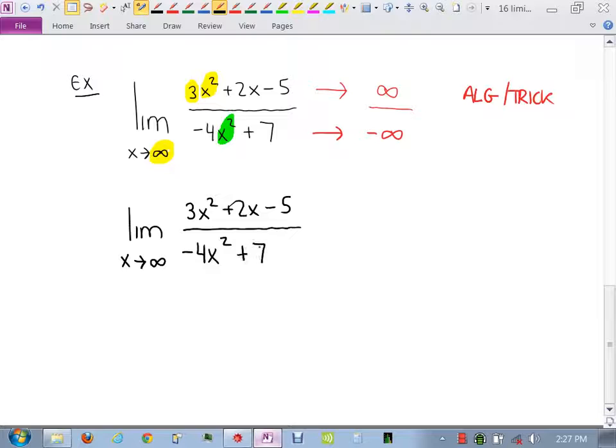When you get infinity over infinity like we did here, what you want to try and do is divide out the highest power of x in the denominator. So you want to look at the denominator. What's the highest power of x in the denominator? X squared, right? I want to divide out an x squared.